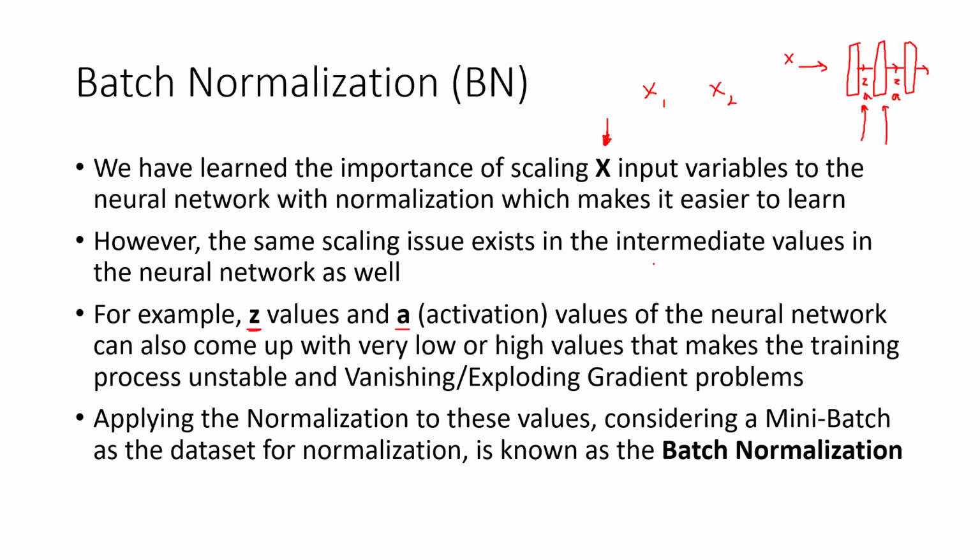Because we are not allowing each of these z values or activation values to go beyond a certain range, that has a regularization effect, and it also helps you learn much more easily, because the values are not moving wildly. That reduces the probability of having exploding gradient and vanishing gradient problems as well.